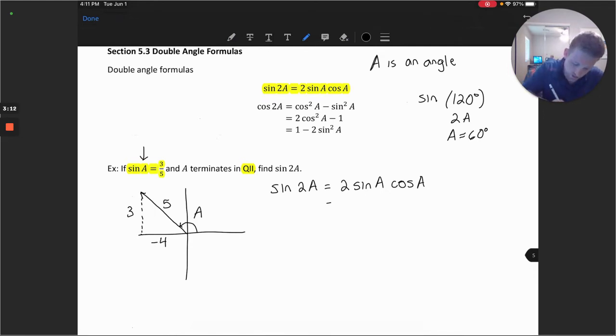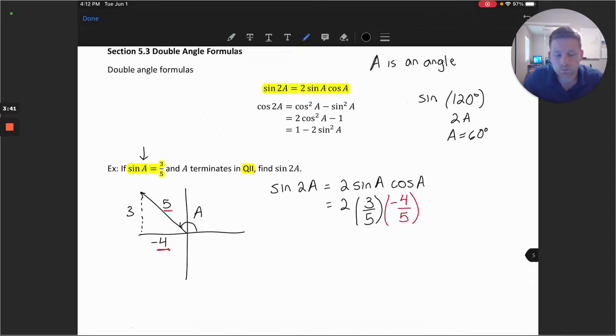So let's put it together. We have 2 times the sine of a for this angle, which is going to be 3/5. And the cosine of a, we can notice, is going to be the adjacent, which is -4, divided by the hypotenuse of 5. So that would happen to be -4/5. Now we can just simplify this result with a product.